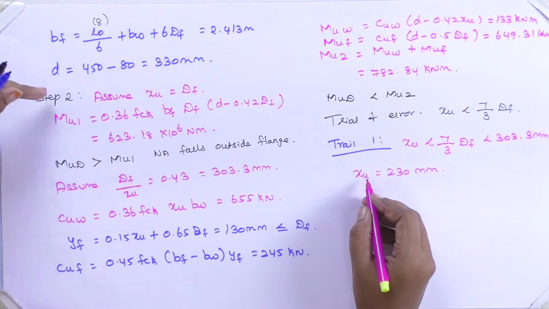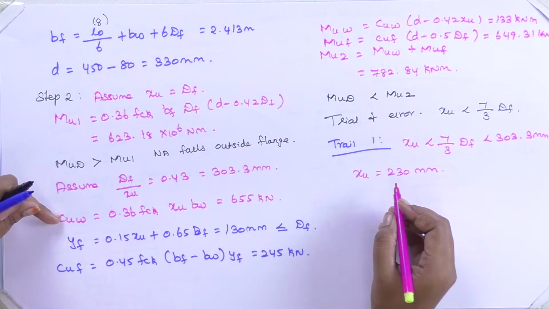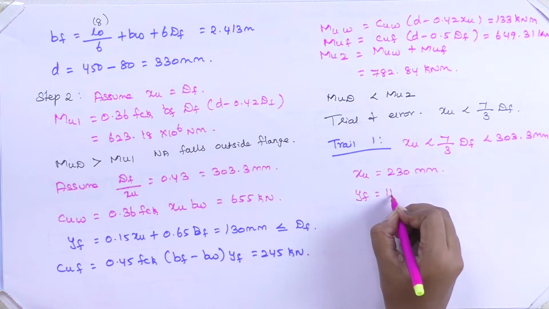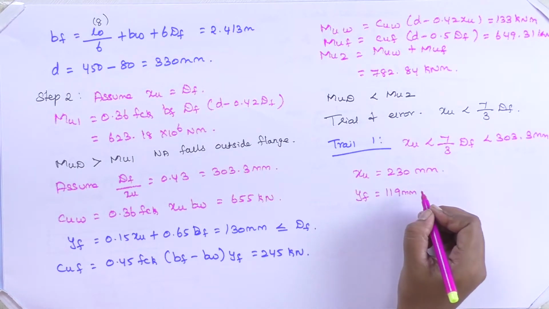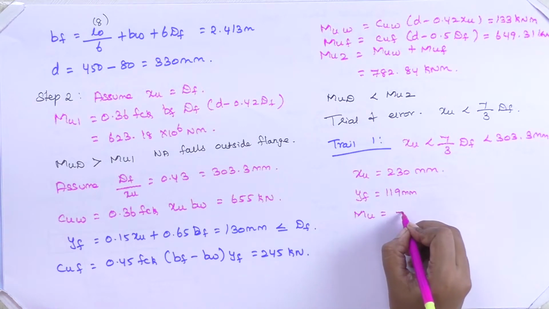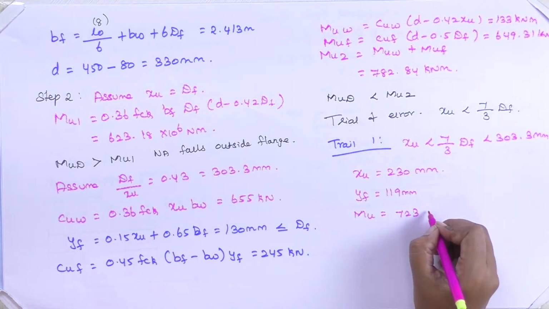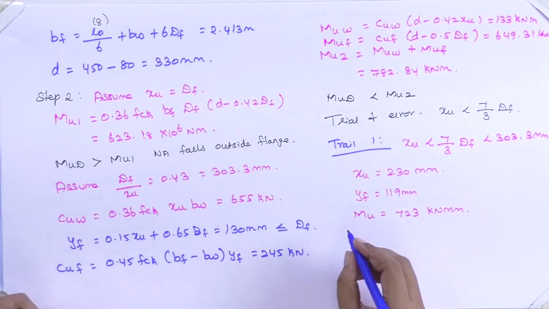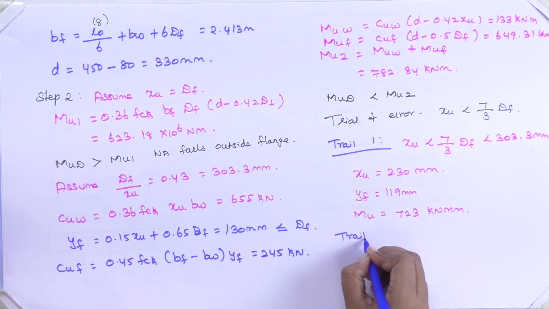For this XU the same procedure is repeating. Again I need to calculate YF. The YF value is 119 mm. MU is nothing but 723 kilonewton meter. Then I will go for trial 2.